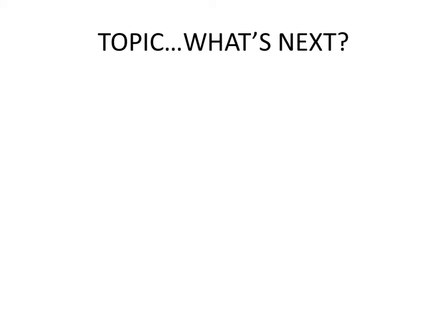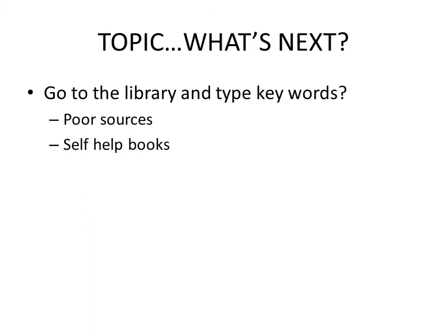So you have a topic, and what's next? Where do you go to find the sources you will consult in your research work? Say you go to the library and type keywords. For example, if you have a topic, the kingdom of God, so you go and type kingdom of God in one of the computers in the library or in the library website.